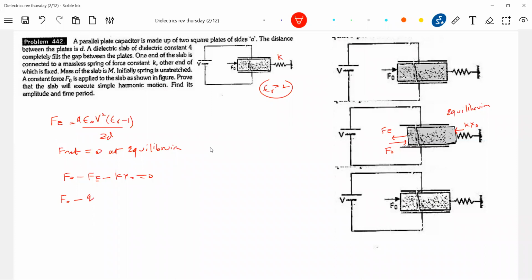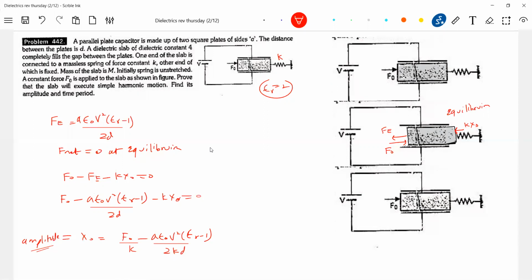Fe is A into epsilon naught V square (epsilon r minus 1) by 2D, minus Kx naught equal to 0. So shall I call this as amplitude? This is nothing but amplitude.